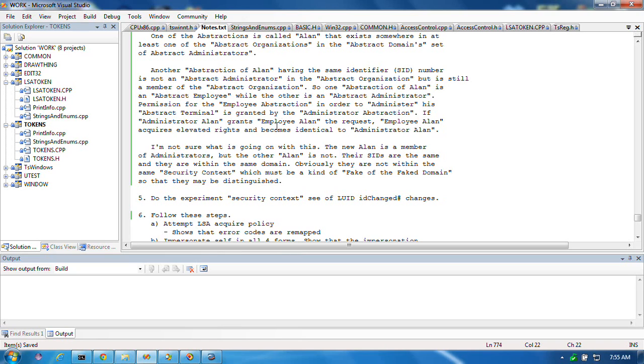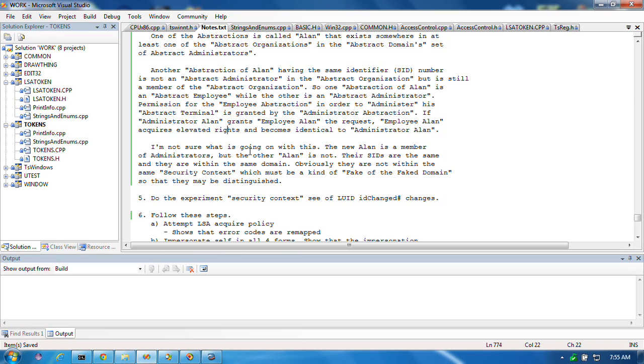Now that granting came from the same administrator abstraction Alan as the one.